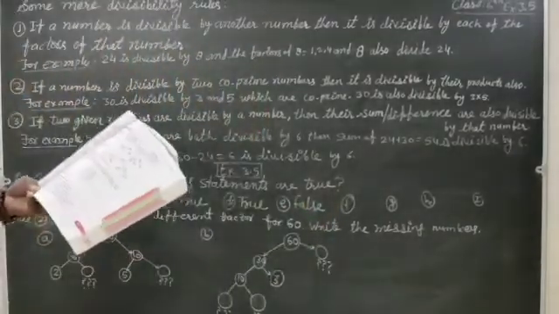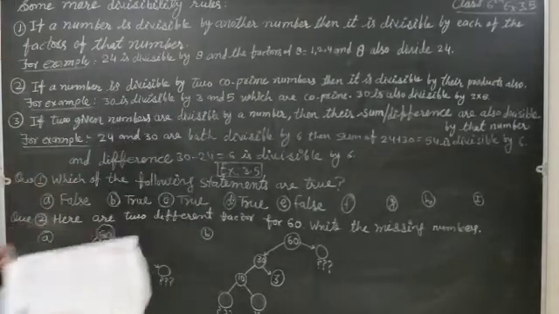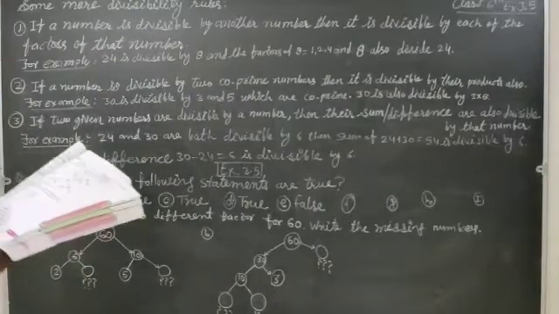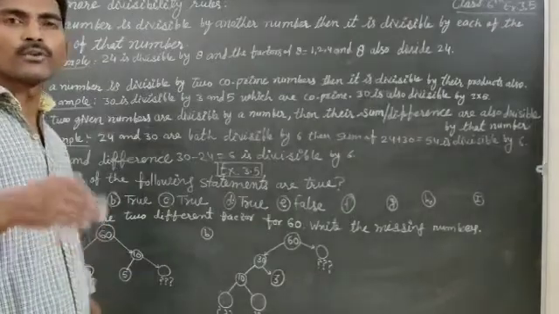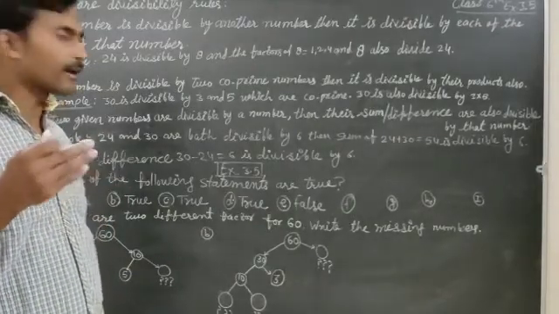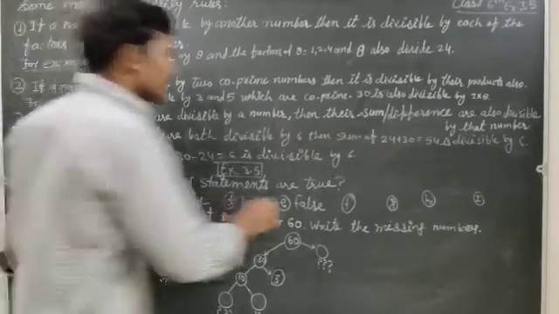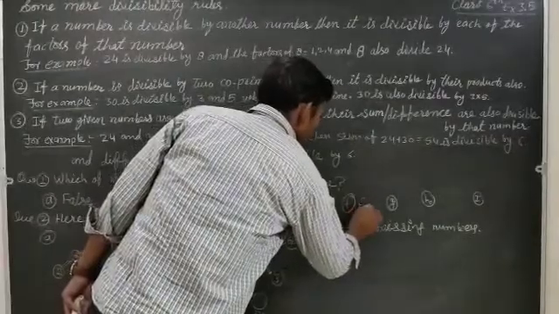F. All numbers which are divisible by 4 must also be divisible by 8. No, it is not necessary. कोई number 4 से divisible है, तो it is not necessary that the number can be divisible by 8. So this statement is also false.